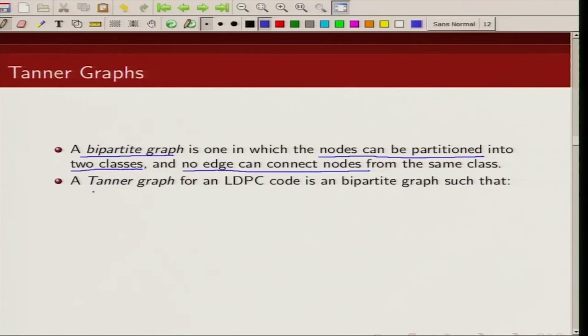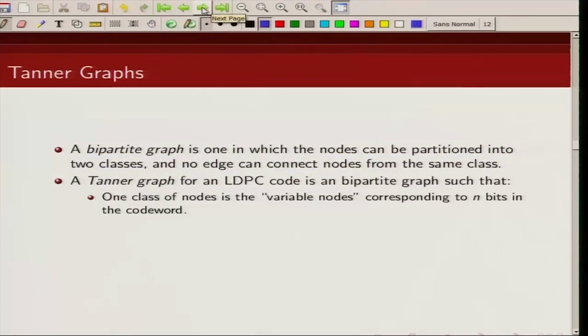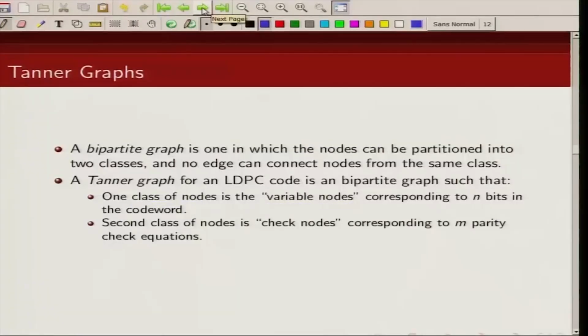Now, we can draw a bipartite graph for an LDPC code parity check matrix, and that is known as the Tanner graph. So, the Tanner graph for an LDPC code is a bipartite graph which has two classes of nodes. One class of nodes we call variable nodes, they represent the n bits of the code word, and the other class is known as check nodes.